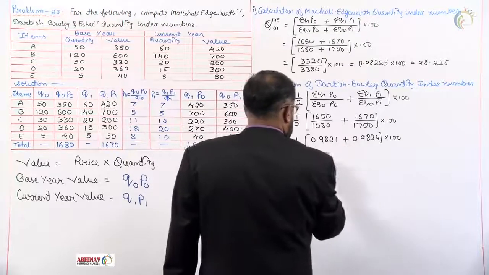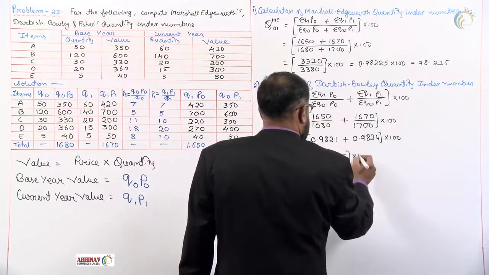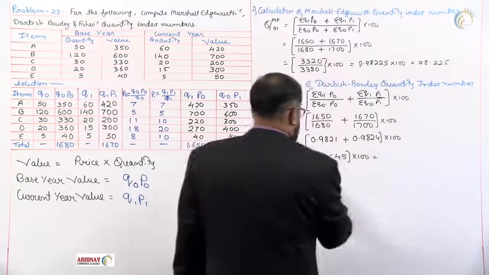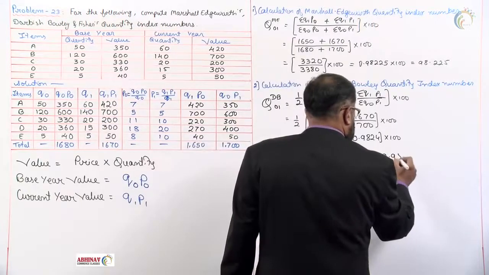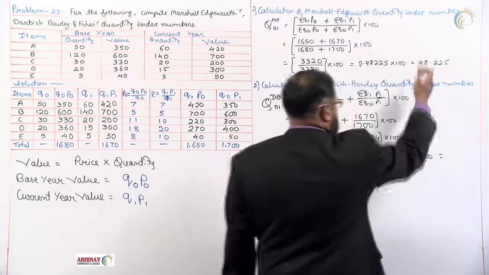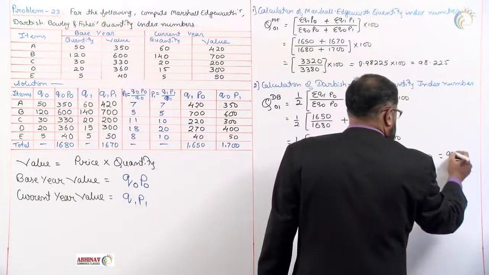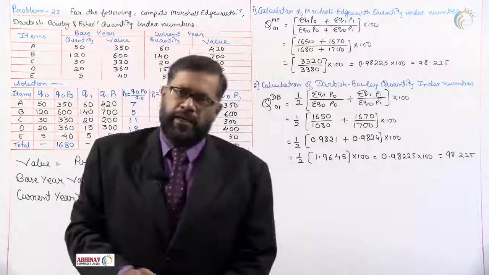Now comes the addition of this: 1.9645 into 100. Half of 1.9645 is going to be 0.98225 into 100. Answer same as Marshall Edgeworth, 98.225 is your Dorbish-Bowley quantity index number.